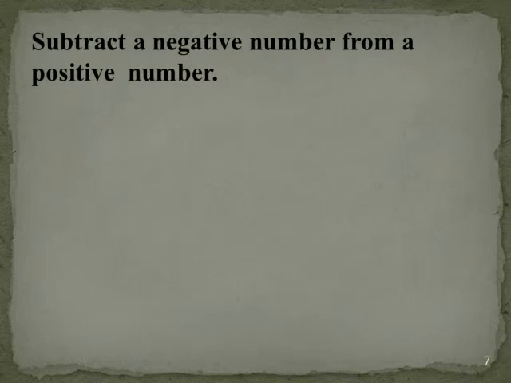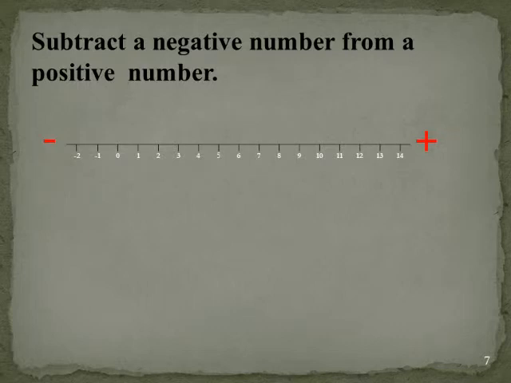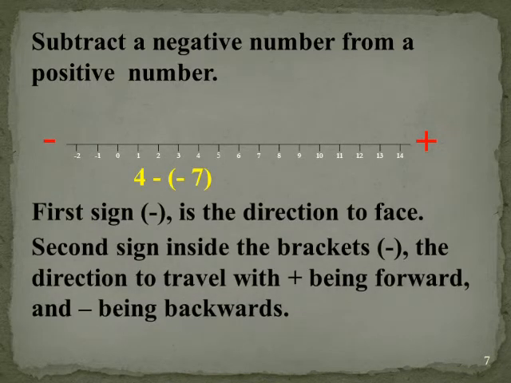Let's see what happens when we subtract a negative number from a positive number. Here's our number line again. Consider 4 take negative 7. Now, as with before, our first sign, the negative, is the direction to face. The second sign, in the brackets, negative, is the direction to travel, with plus being forward and negative being backwards. So here we are positioned on the number line at 4, facing the negative direction.